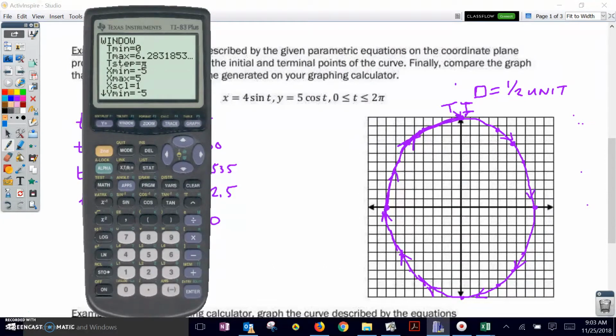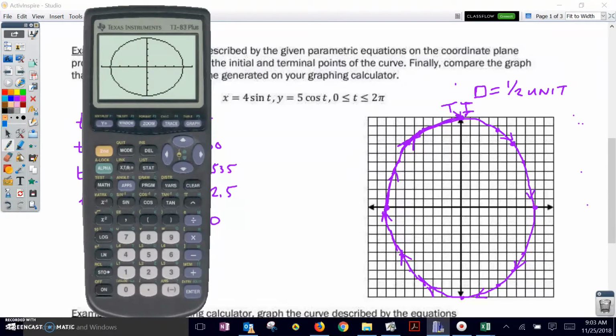And so we want a smaller t-step than pi over 2. Maybe I'll use pi over 30 and graph with that. And you can see the motion of this graph pretty clearly. I find that pi over 30 and pi over 60 are pretty good values. It doesn't take too long to graph it, but at the same time we get a significant amount of detail.